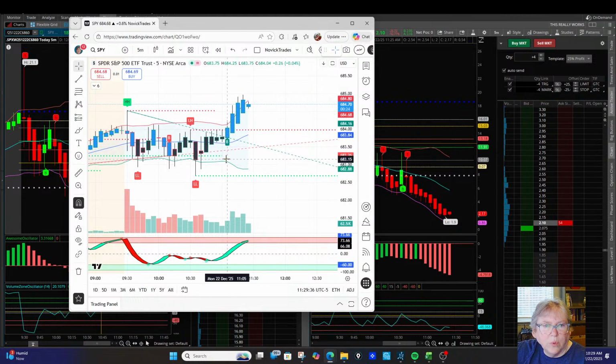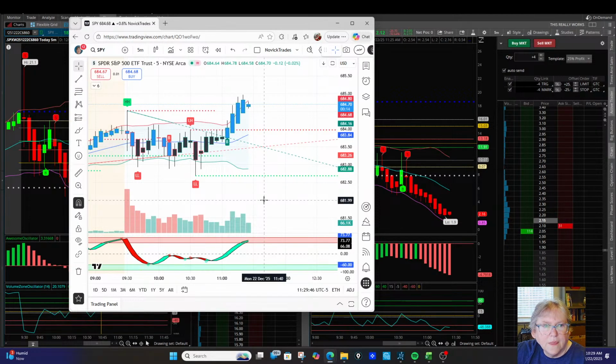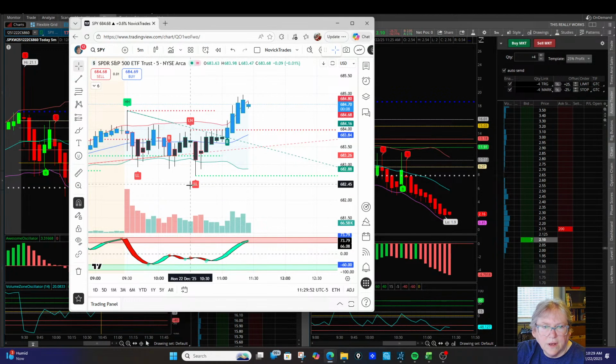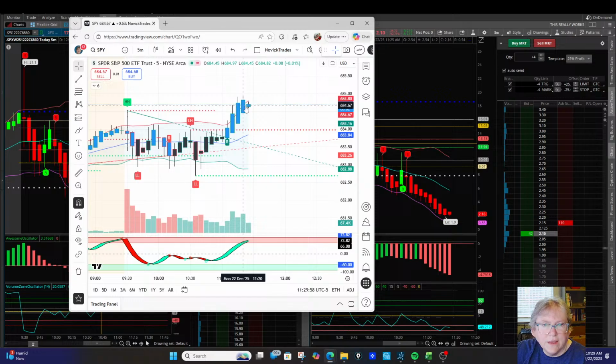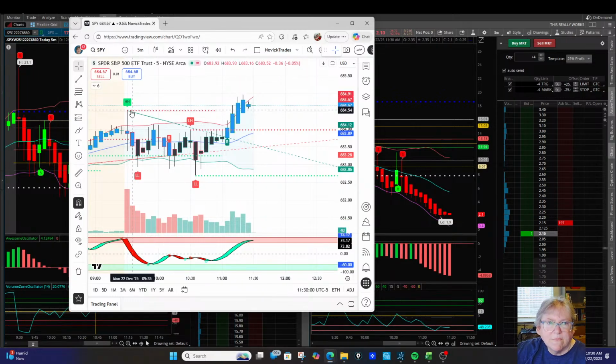We had a break in the resistance and then boom, went up. So now we have the higher high, lower low, lower high, lower low, and we have gone beyond this higher high.